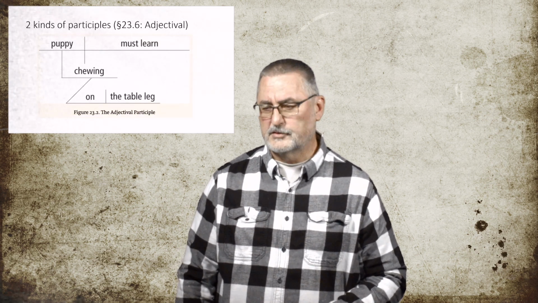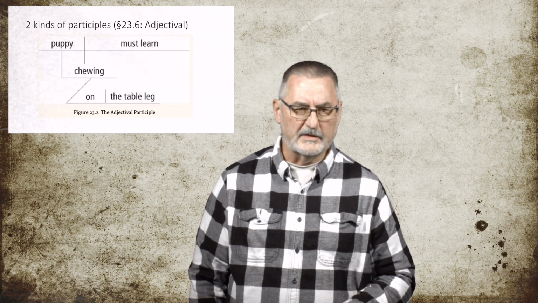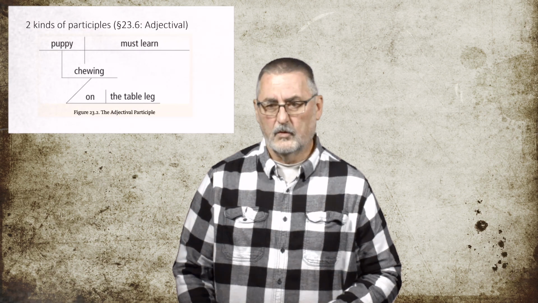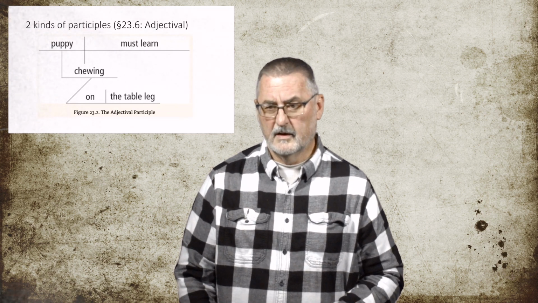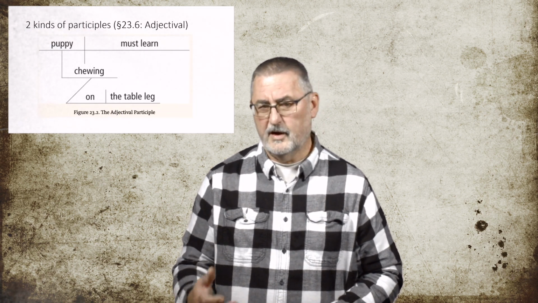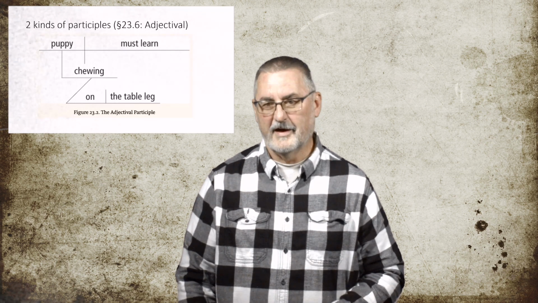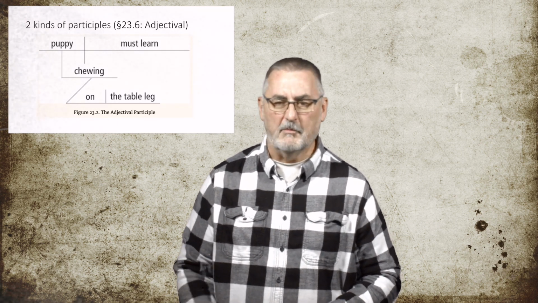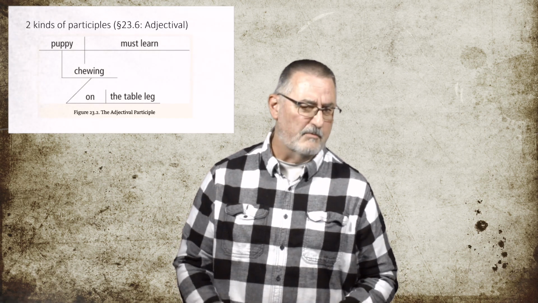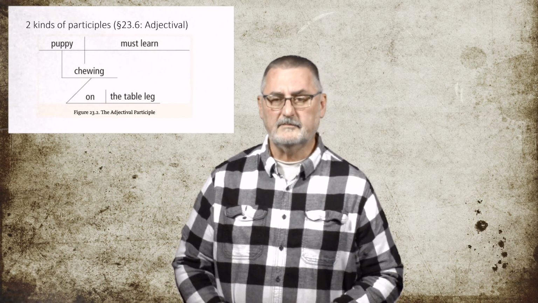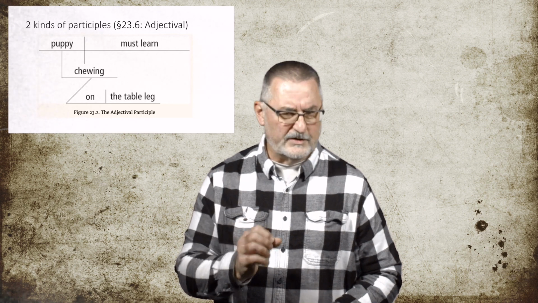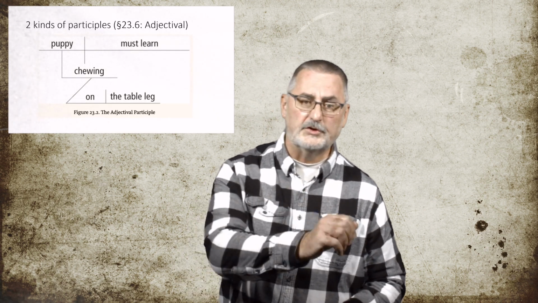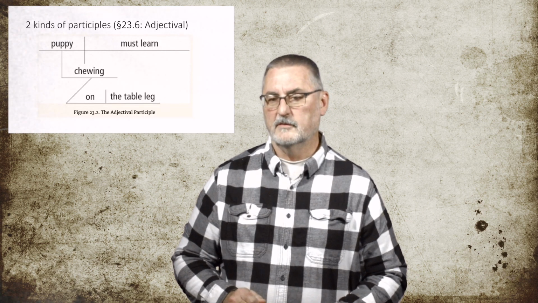We've also got this chart, section 23.6. A puppy. Which puppy? The puppy that was chewing on the table leg. What's that puppy got to do? Well, that puppy has to learn. And so the main part of the sentence is the puppy must learn. But the participle, the ing word, is identifying which puppy.